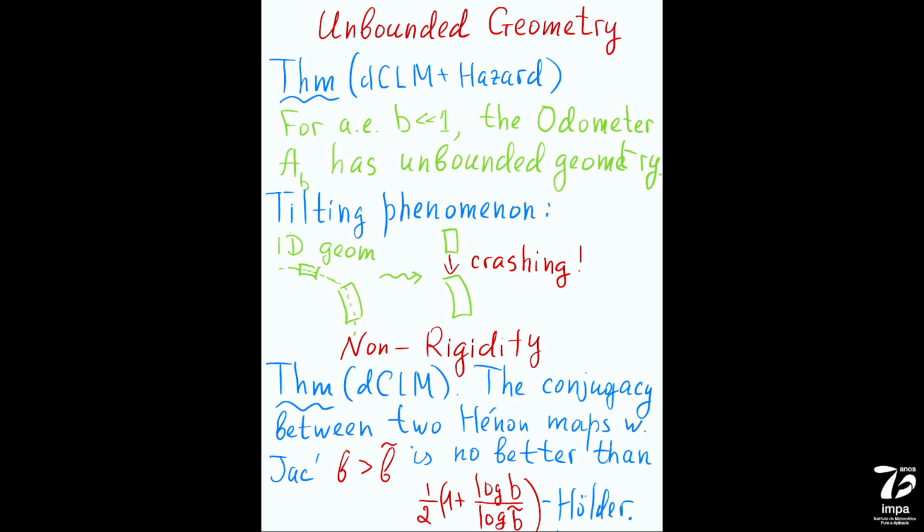This creates unboundedness of geometry, and that is what is typically observed. Actually, I don't think that until now there is any single example of these infinitely normalizable Henon maps for which the odometer has a bounded geometry.